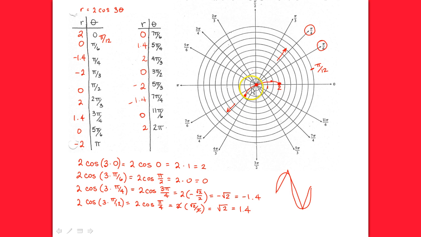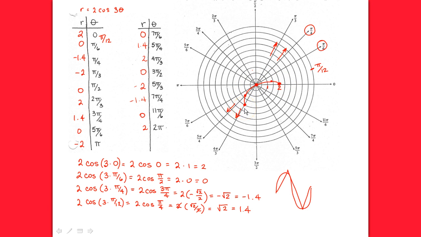Negative 1.4 would be 1/2, 1.4. All right, then pi over 3, negative 2. Same idea. A positive 2 would have gone this way, so a negative 2 is just going to go the opposite way. So negative 1/2, negative 1, negative 1.5, negative 2. And again, as I'm coming around here, you can see that continuing that curved shape.